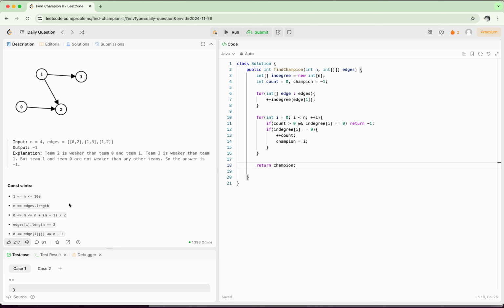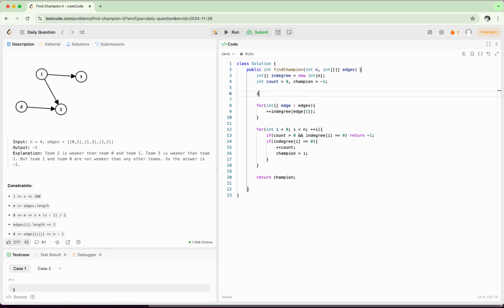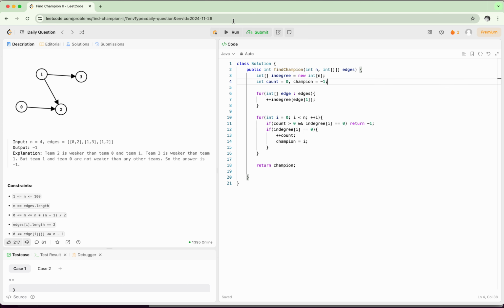What are the edge cases? It is saying that the number of edges is less than the number of nodes, so we need to figure that out as well. So if n is equal to m, I think we will figure that out after we run this solution.